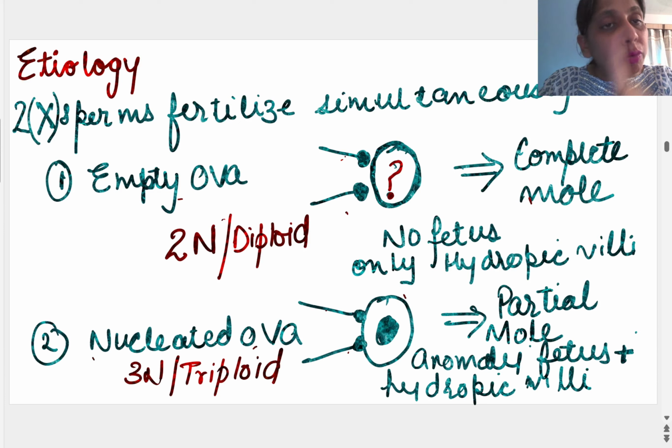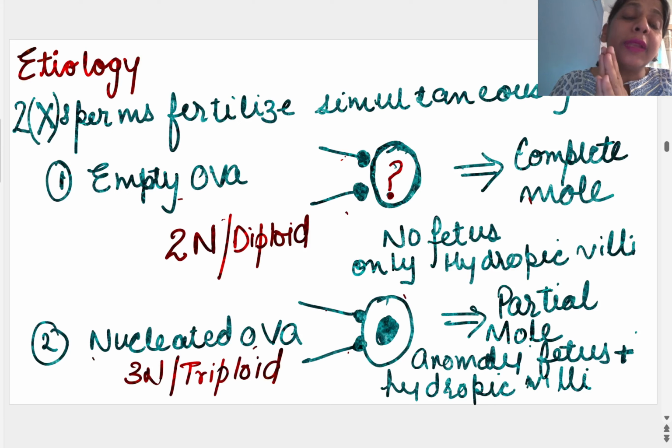So now we come to the other condition. When two sperm fertilize a nucleated ovum, now this time it is not empty, it has a nucleus in it. Two sperms are fertilizing. What will be formed is a partial mole. Here these villi will be abnormal because two sperms fertilized, right?